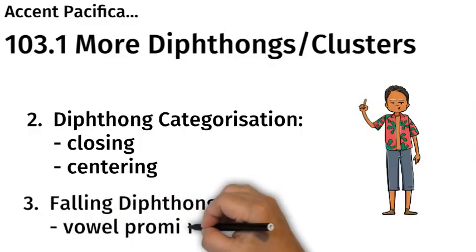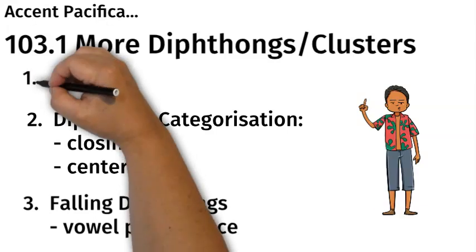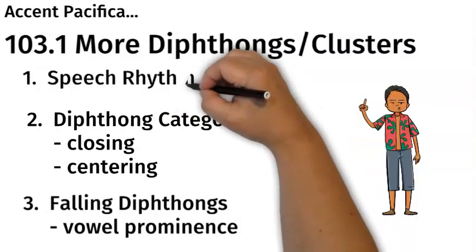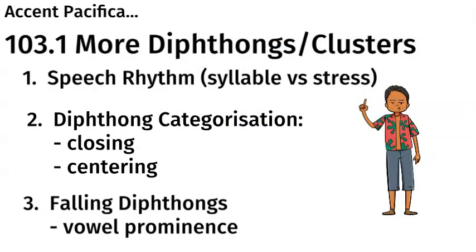It's important, however, to first consider the fundamental rhythm that underpins spoken language, how speech patterns organize syllables and timing, since this provides essential context for understanding pronunciation and emphasis.